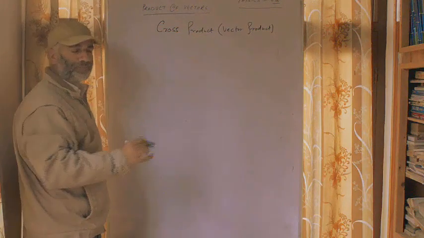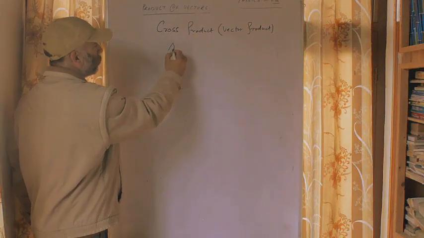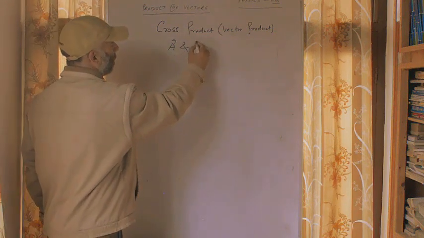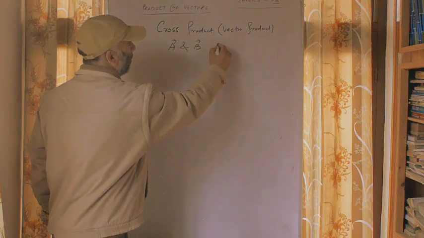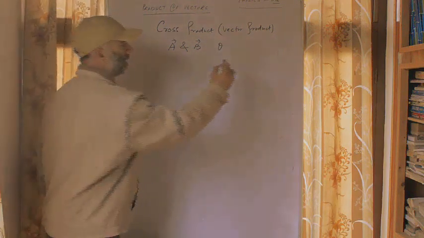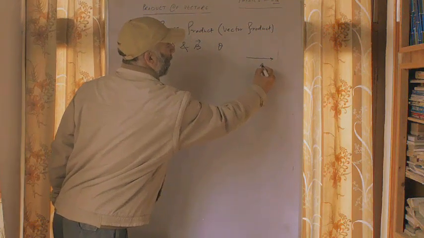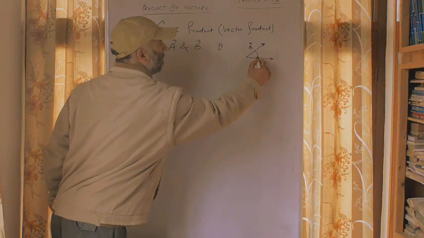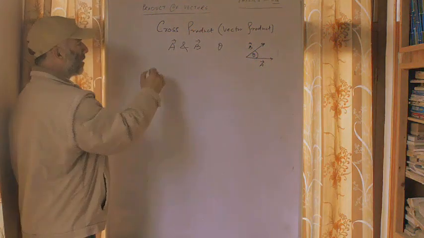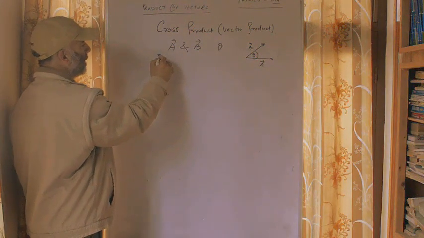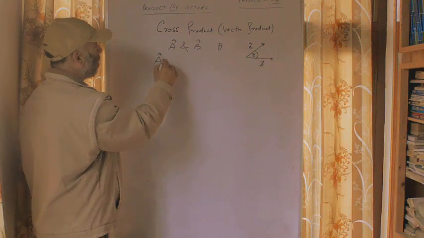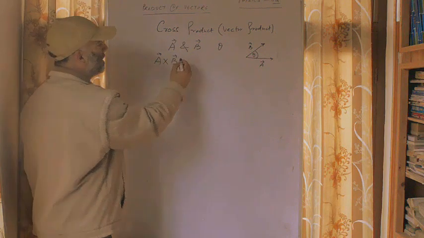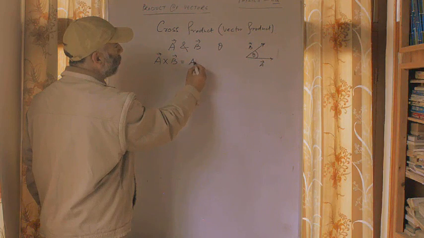Why vector product? In case of cross product of the two vectors, if we have two vectors A and B, and if theta is the smaller angle between them, just like this, this is vector A and this is vector B, and this is the smaller angle between them, then the cross product of two vectors is denoted by A cross B. We read it as vector A cross vector B is equal to product of magnitudes of the two vectors.